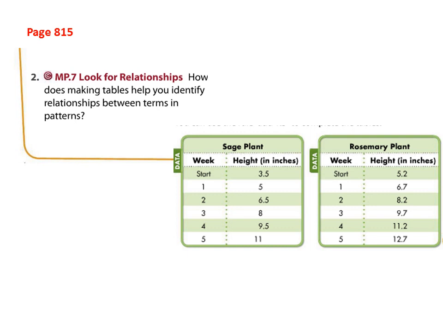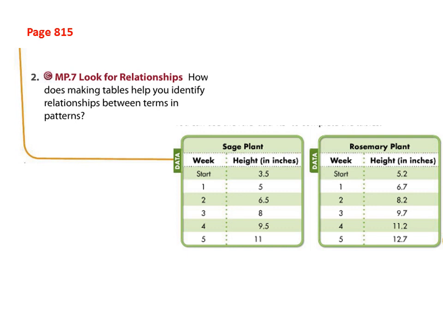Question 2 depends on the previous example, so we'll use these tables. The question says, how does making tables help you to identify relationships between terms and patterns? As we did before in the previous example, we compare the numbers in the first row, 3.5 and 5.2, and we deduce that 5.2 is 1.7 greater than 3.5.